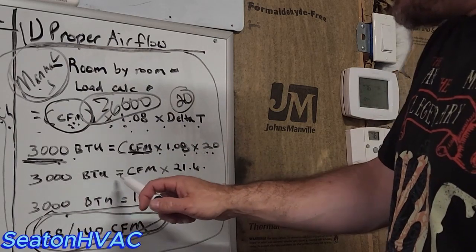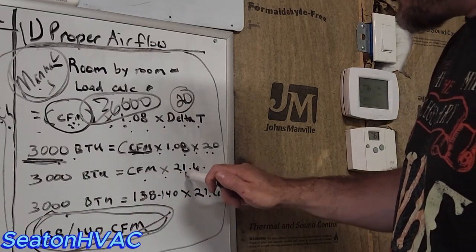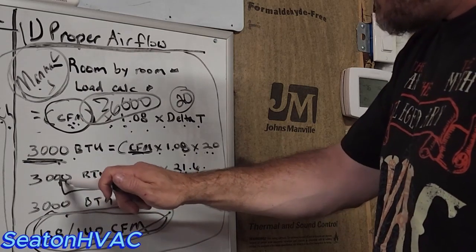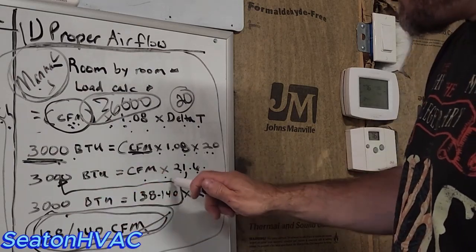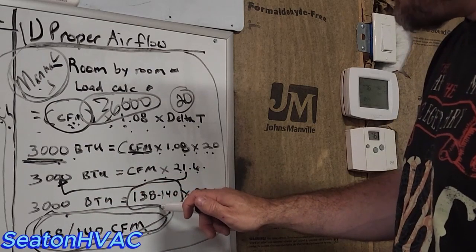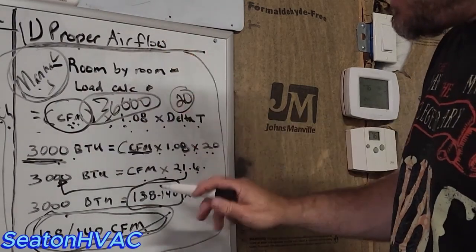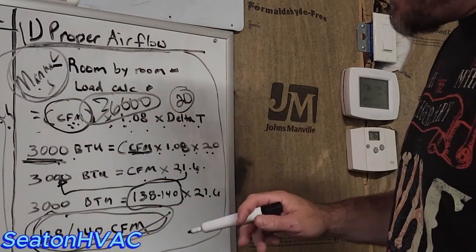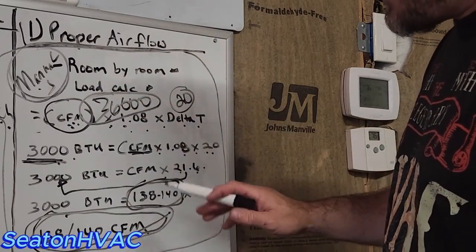So 3,000 BTUs equals an unknown quantity times 21.6. You would take this number and divide it into that 3,000 BTUs, and that gives you your CFM for that particular room, okay? You should do this first once you have your heat loss done, and then we can get to designing the duct, because you want to make sure this CFM is delivered to each room properly.